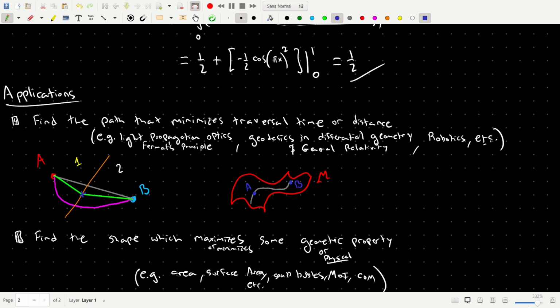This is a very interesting topic in differential geometry, but it has real-world applications in general relativity, because the geodesics in general relativity correspond to what are called world lines. One of the fundamental principles in general relativity is that the world lines, or the path that particles traverse in general relativity, are geodesics of the underlying space-time manifold.